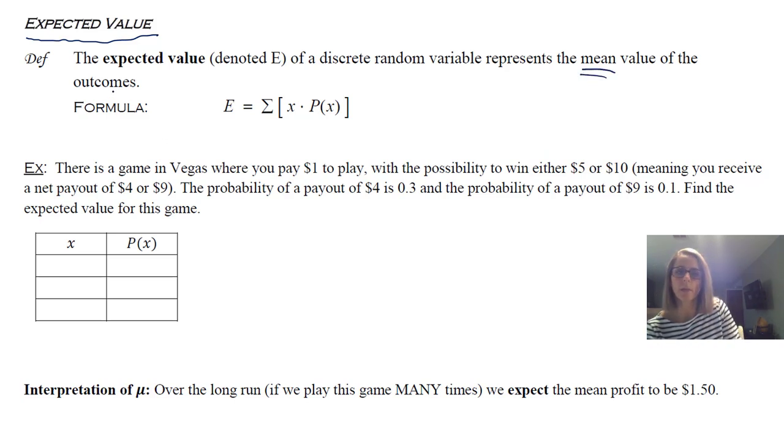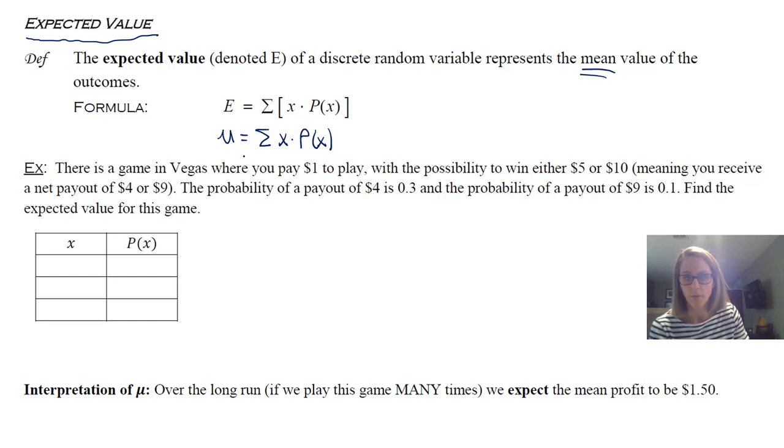But when you're asked something about expected value, it's typically in some sort of real world capacity. But of course, what I do really want you to see is that it is the exact same formula that we saw in the earlier part of this section, in that to find the expected value of something, it's still just x times p of x, so all your discrete random variables multiplied by your probability of them and add it all together.